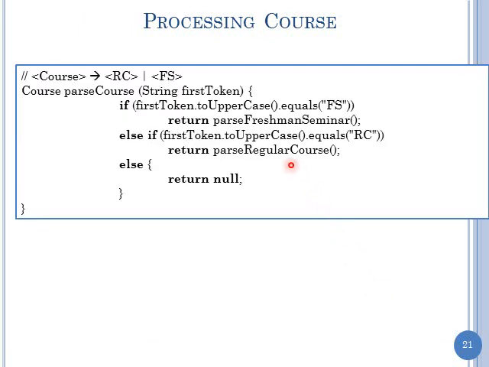And now my parse course takes the first token there and says if it equals FS, I just assume there can be small fs or mixed case, then return parse freshman seminar, else if it is RC, parse regular course. And I am doing an extra check saying if it's neither of these two things, return null.